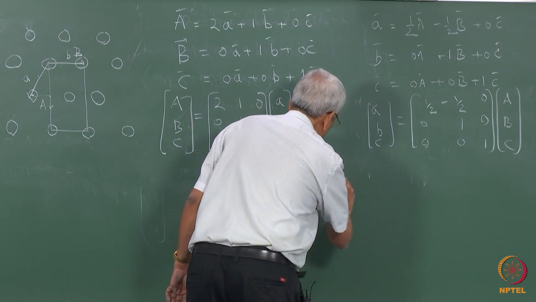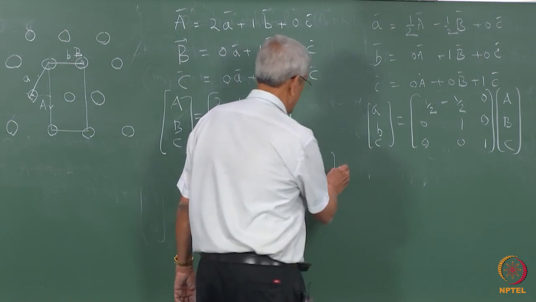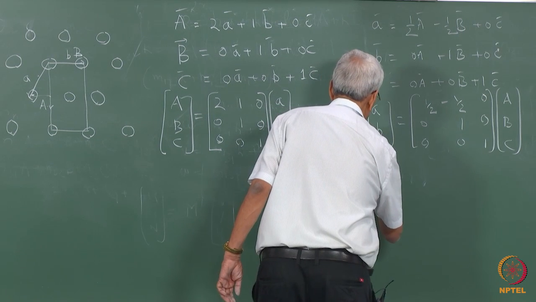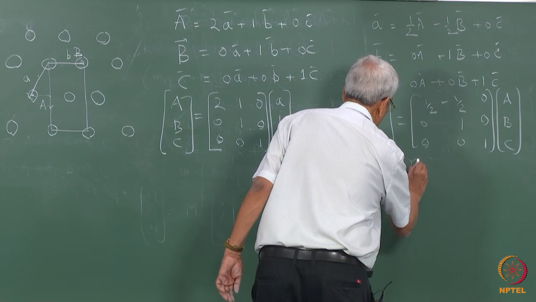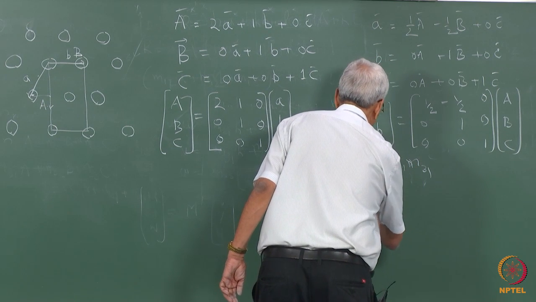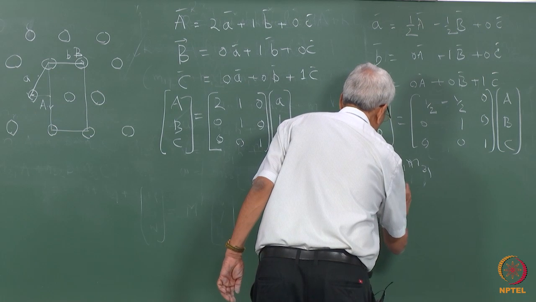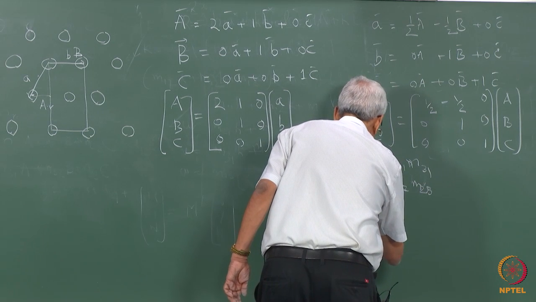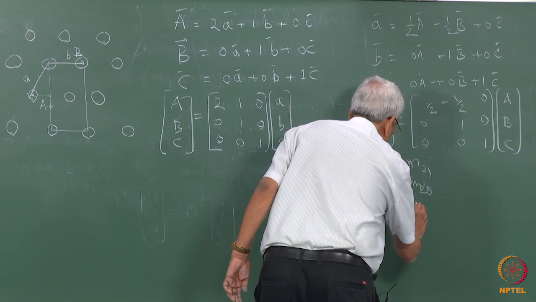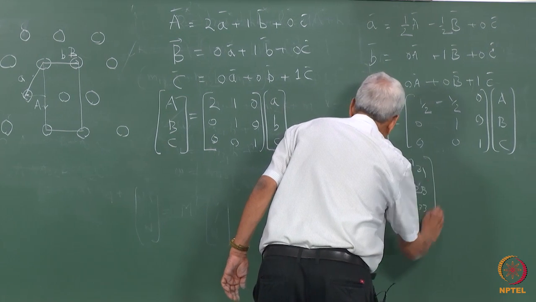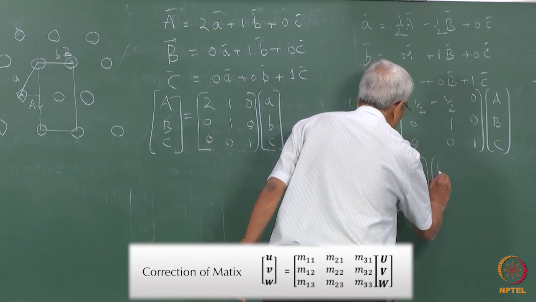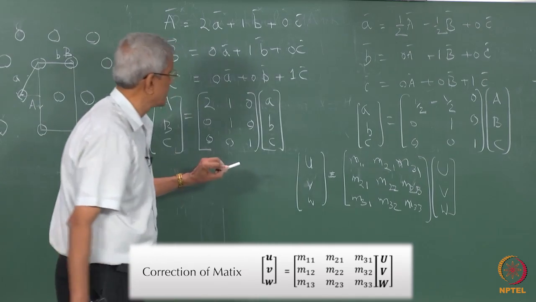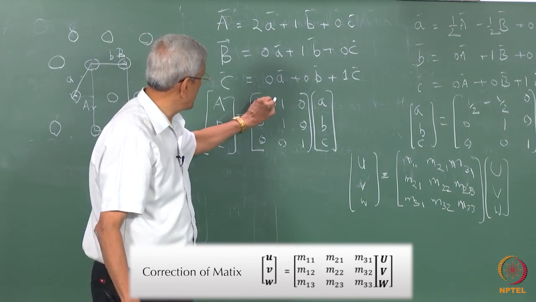If a vector is there in the old coordinate system, in terms of the new coordinate system, M32, M33, U, V, W. This matrix is nothing but this one, correct?